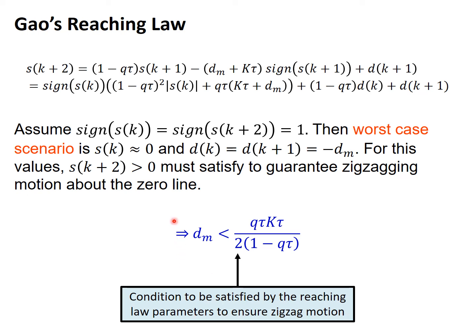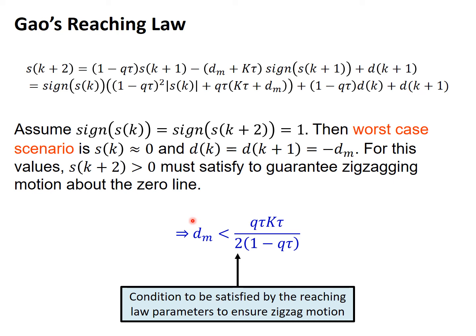So the condition here, by looking at it, it seems that the condition is on dm, but the condition is not on dm. dm is the uncertainty which is actually related to the actual disturbance of the system.